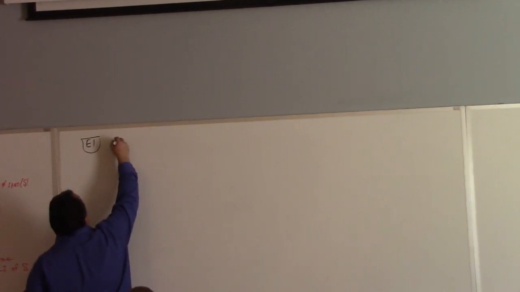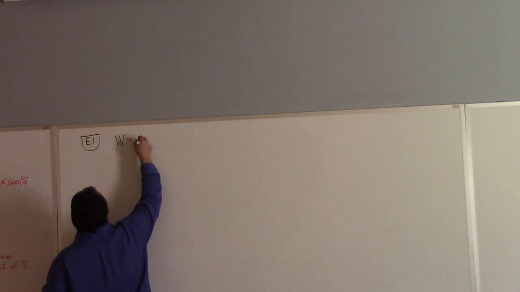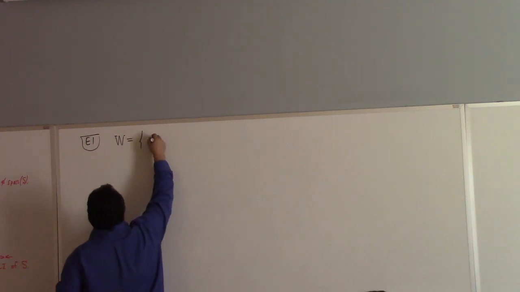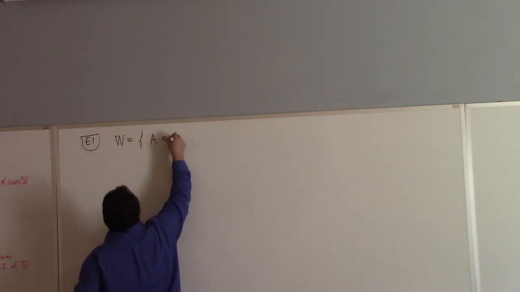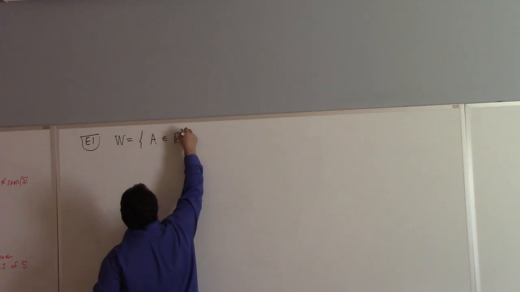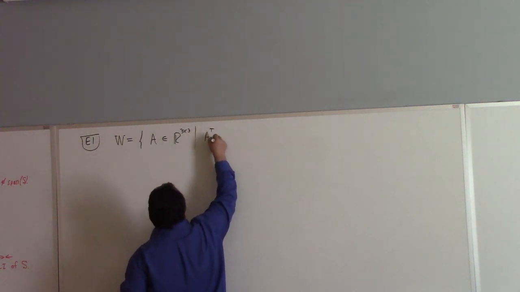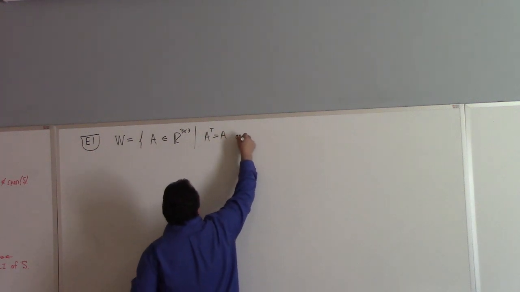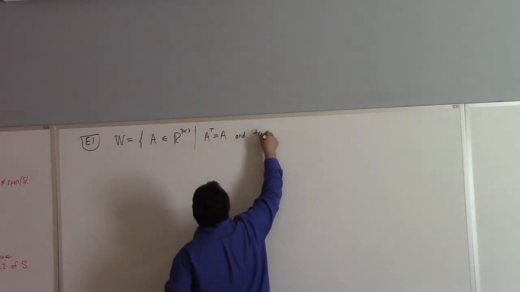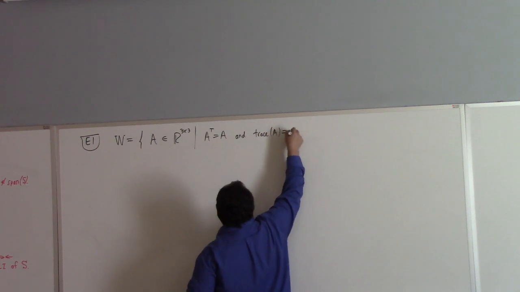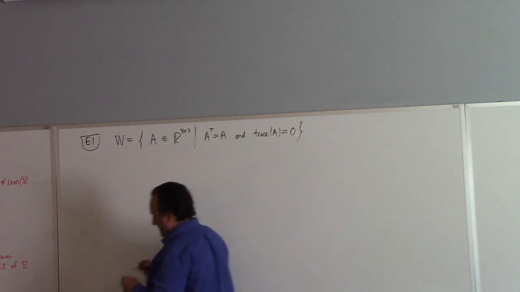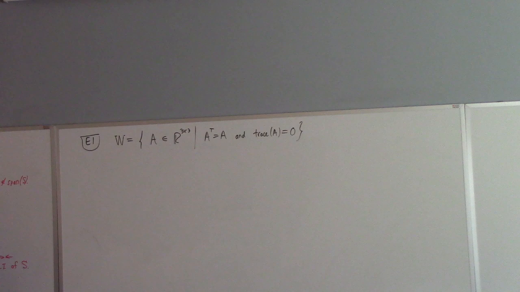Let's suppose we've got ourselves W, which is, oh, I don't know, A in R^(3x3) such that A transpose equals A, and the trace of A is equal to 0. Let's see if we can find a basis for this vector space. It's a subspace, right?